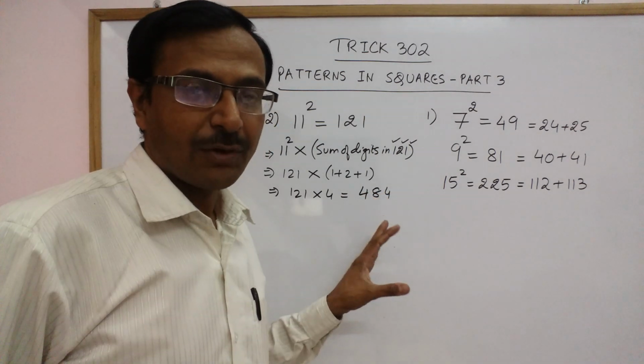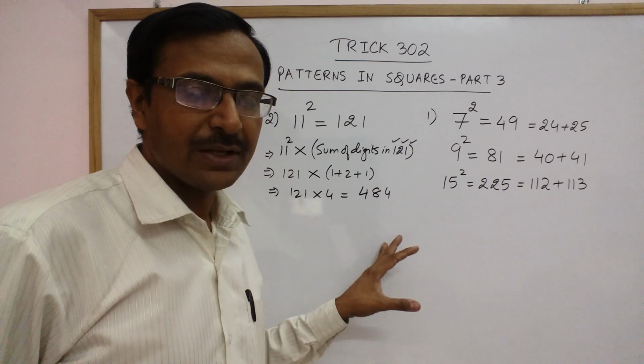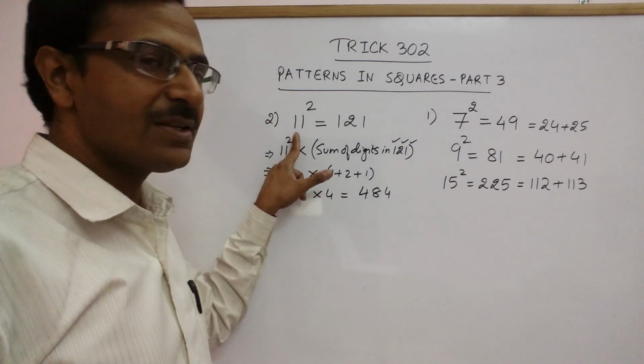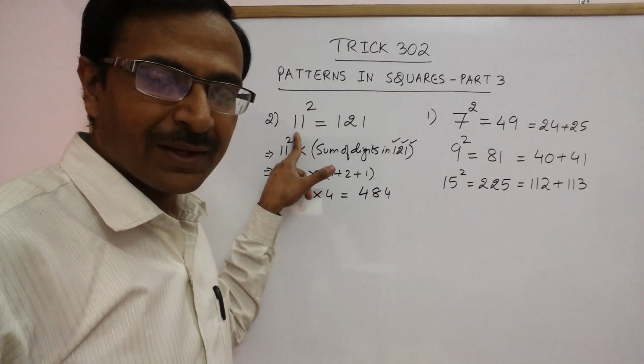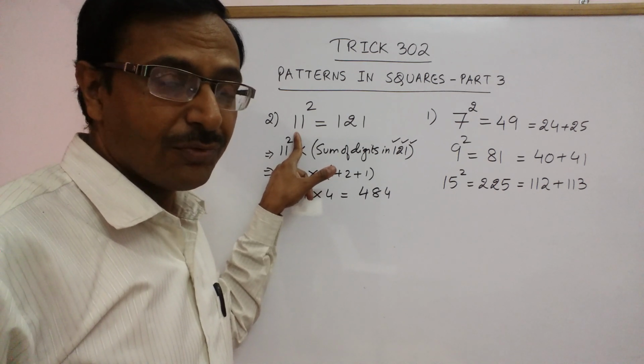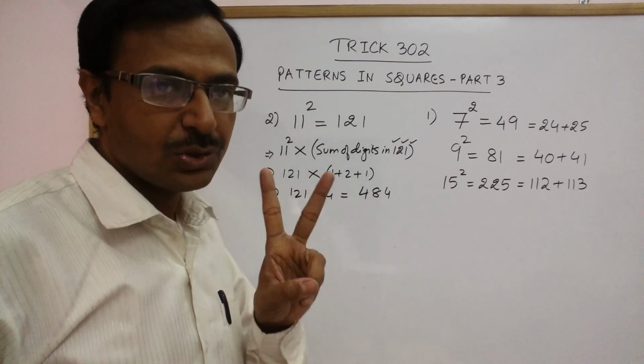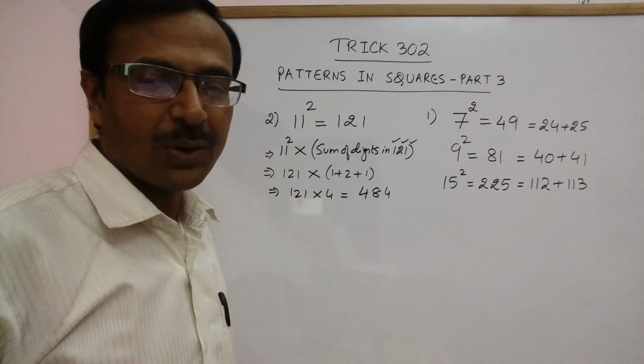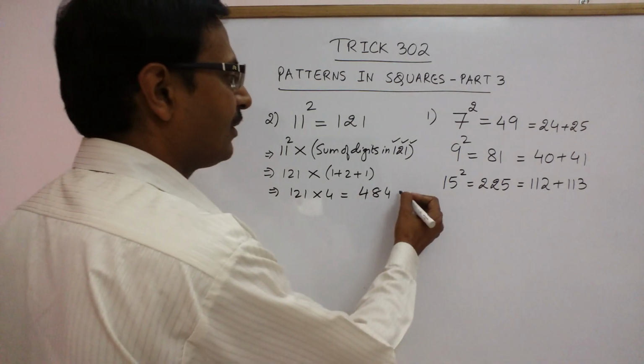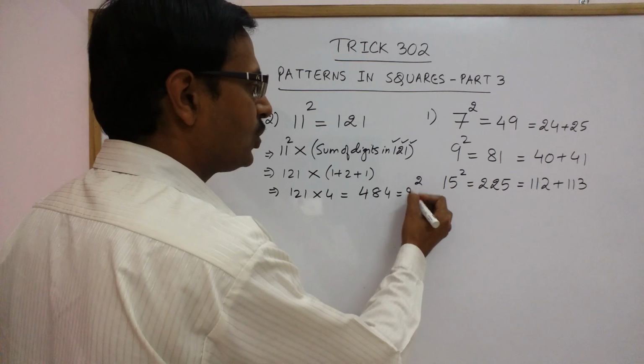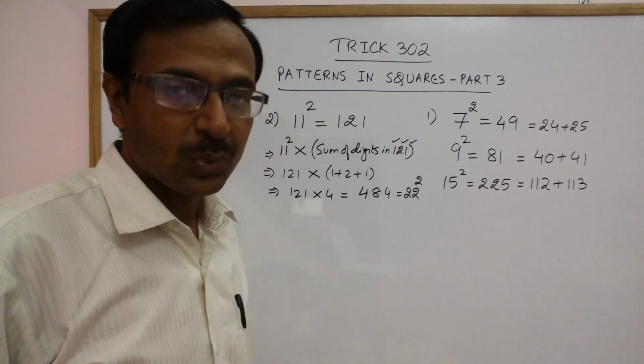Now the number which we have obtained is somehow related to the initial square which we have taken. How many ones were there in 11? 2 ones. So now this number will be the square of 22.